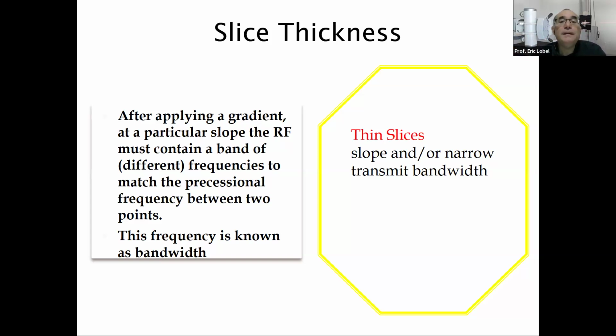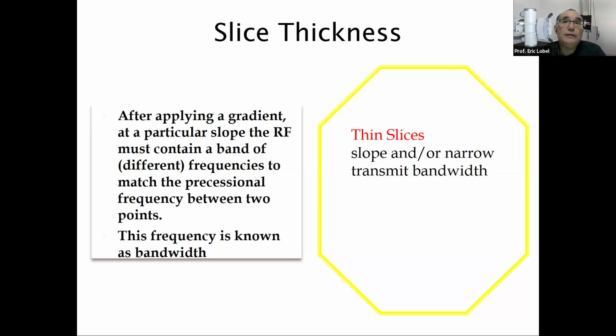If we want thin slices, we're going to use a steep slope. It's going to require a lot of energy to get that very steep slope. Or we're just not going to send in that many different frequencies.